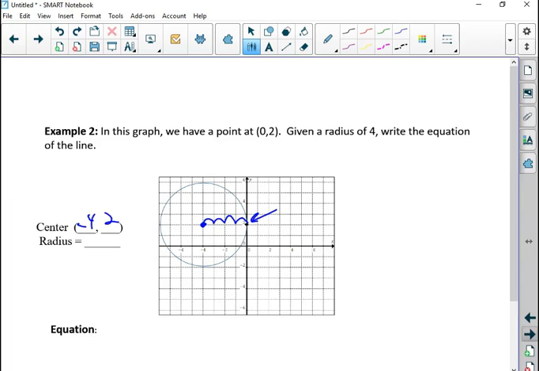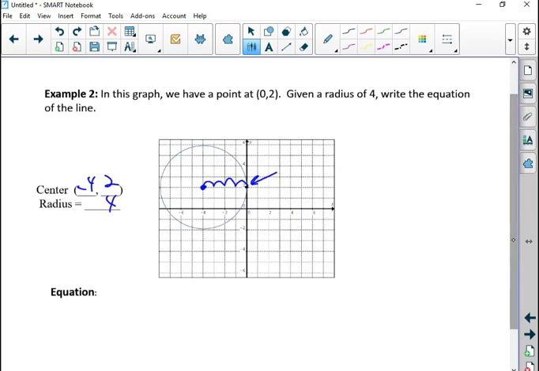And we're given the radius of 4, so this is pretty simple. We're ready to go again. X minus negative 4 squared plus y minus 2 squared. And again, you can write 4 squared, or if you want to go right to 16, you can.